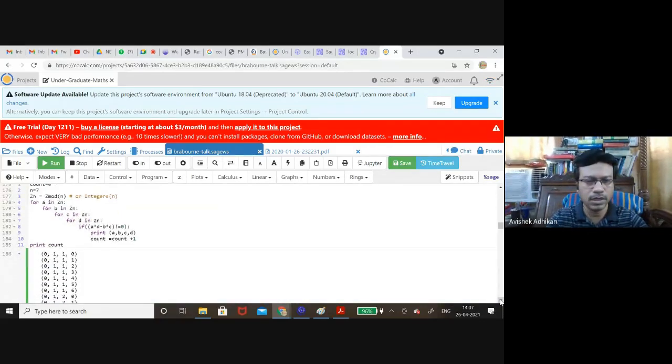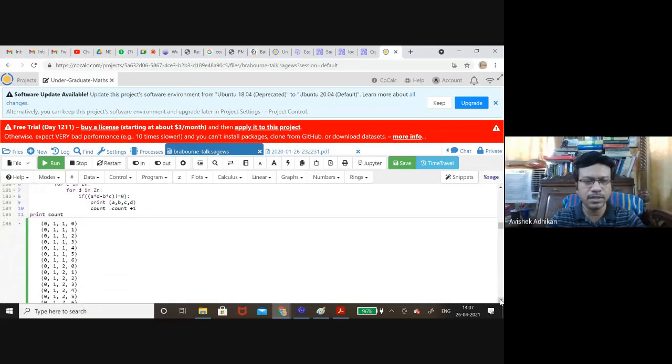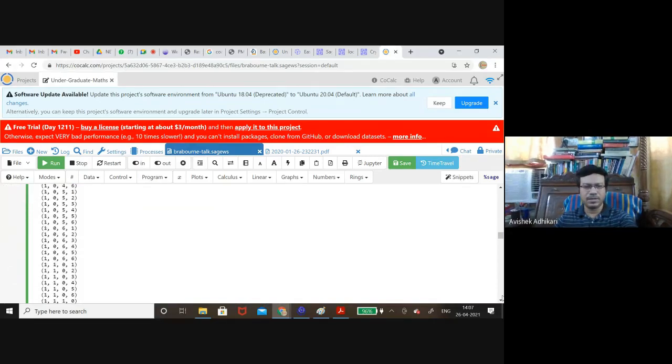It's not yet giving the answer. The green color means it's still printing, still working. You can see that it has started printing all the matrices. I got the answer within maybe 10 seconds, but here it's still working.